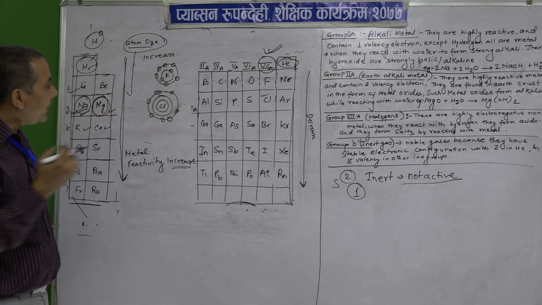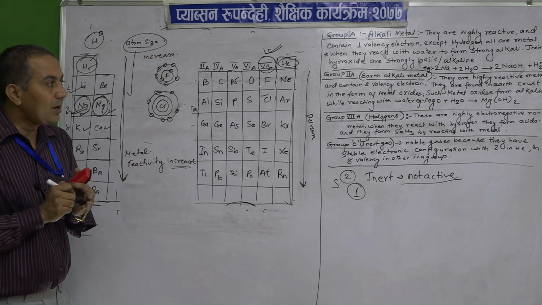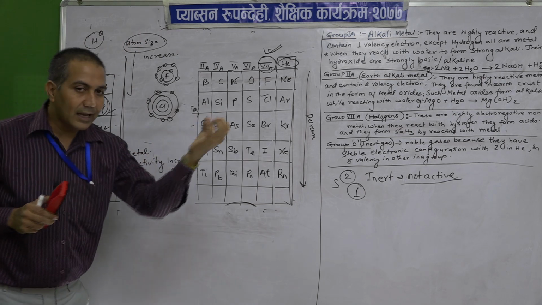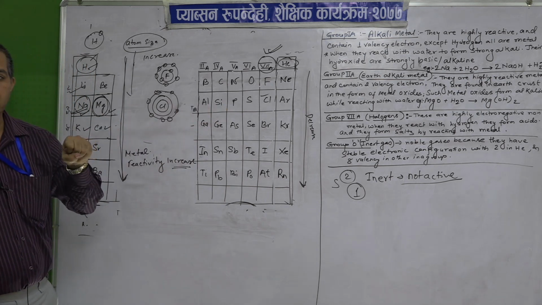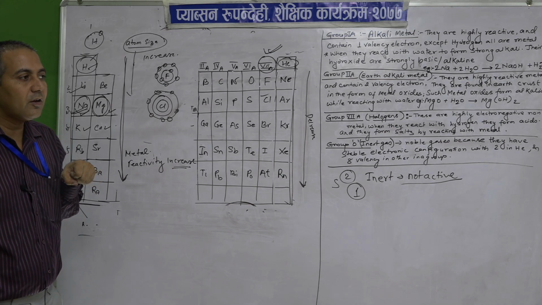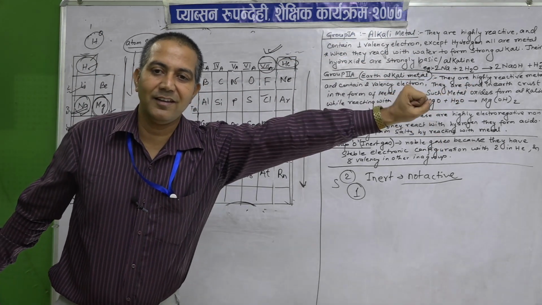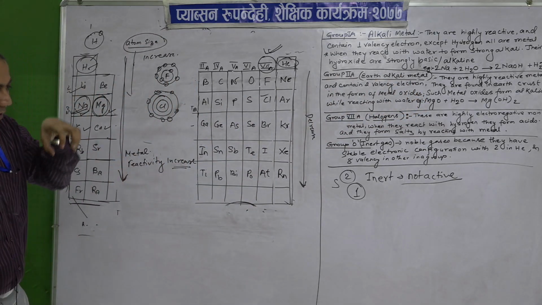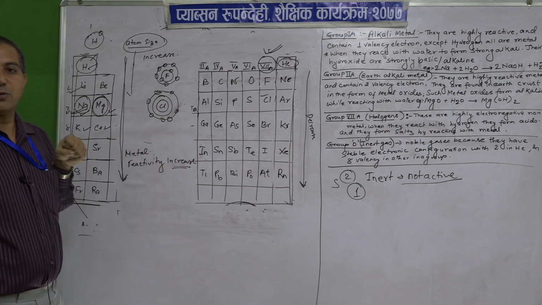So, when you pull the electrons over there, if the distance is nearer, it will be easier to pull the electron. When the electron is nearer to our body, it is easier for us to pull.